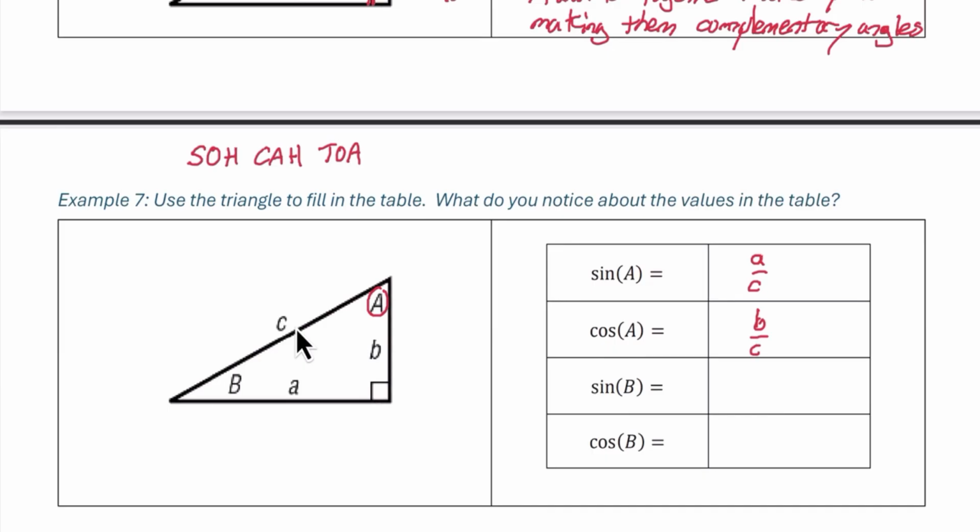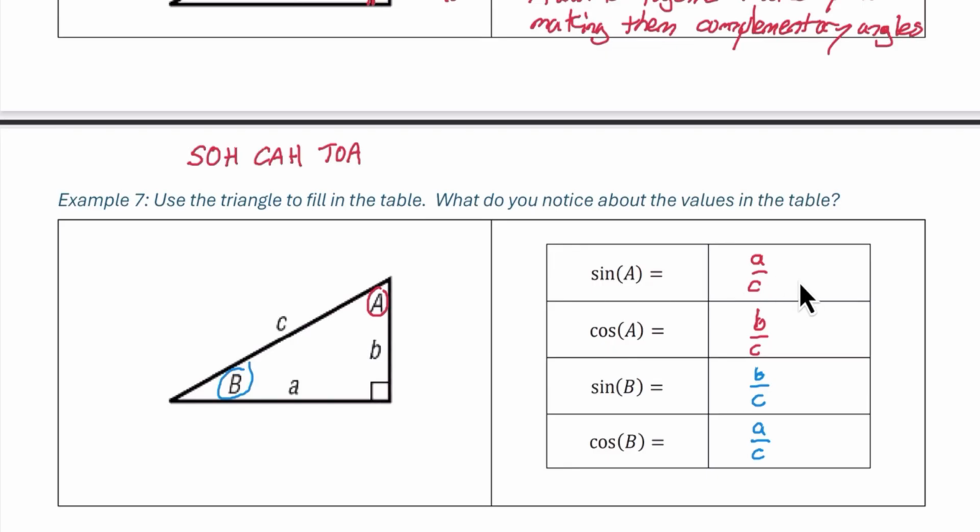And now we'll be focusing on B. Looking at B, sine of B, again we have opposite over hypotenuse. So that is little b over c. And then cosine of B, we have adjacent over hypotenuse, or A divided by C. Now the question says, what do you notice about the values in this table?